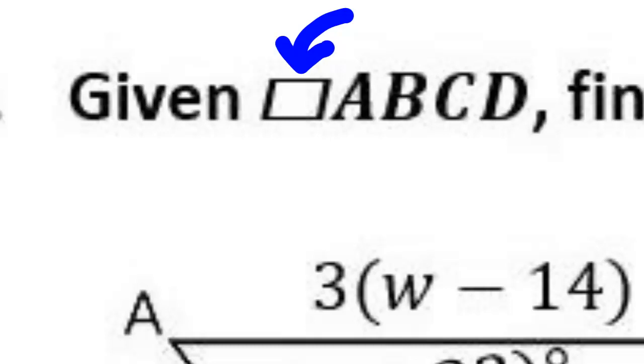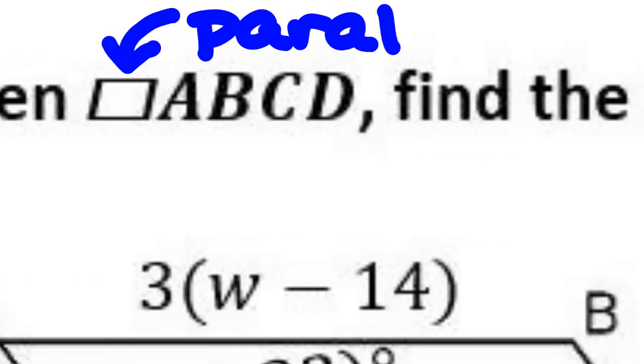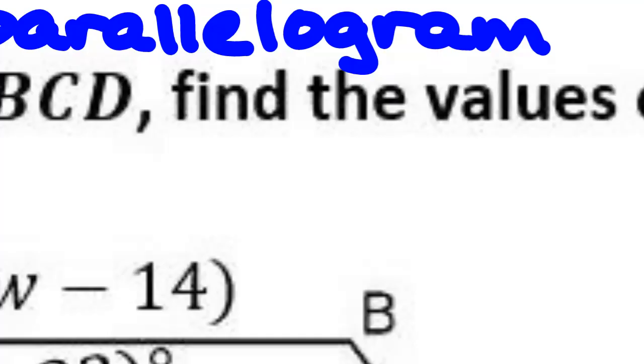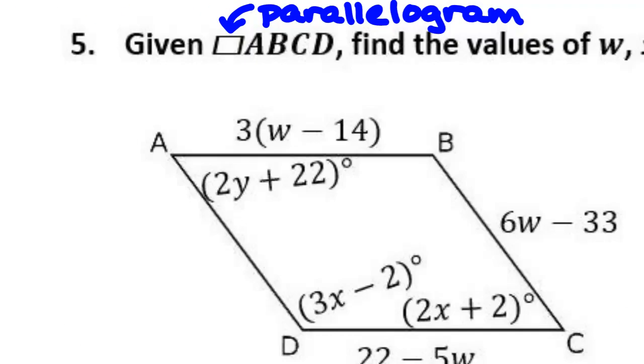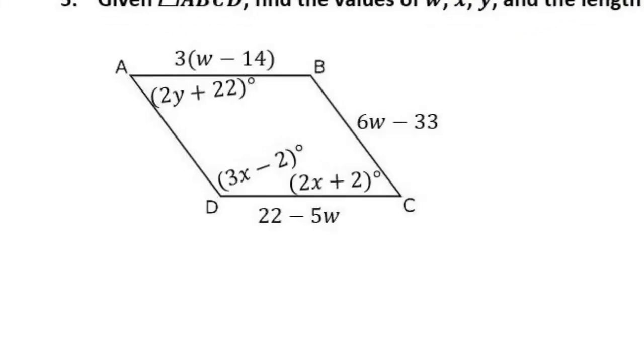Remember, this right here means parallelogram. Given parallelogram ABCD, find the values of W, X, Y, and the length of AD. Whew, that's a lot. Give me one thing that we know is congruent that we could use to help us.